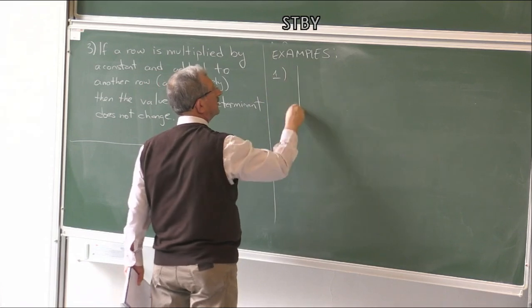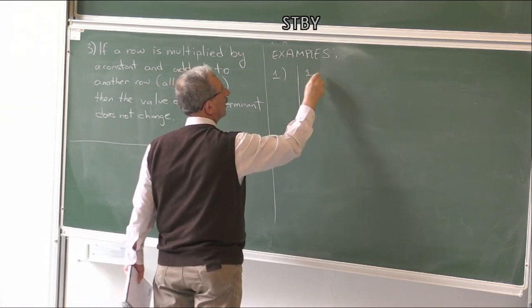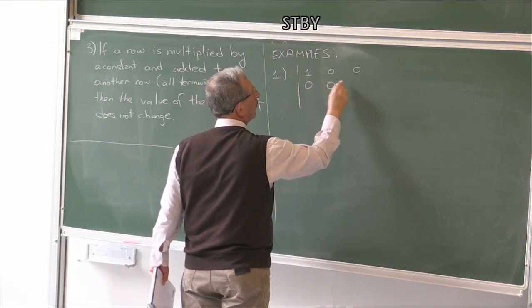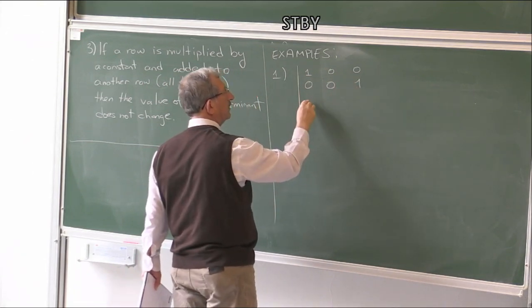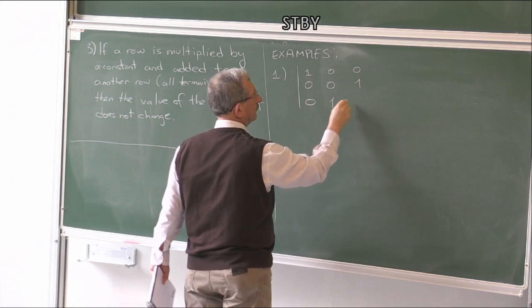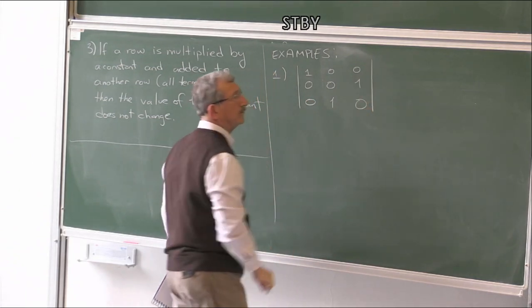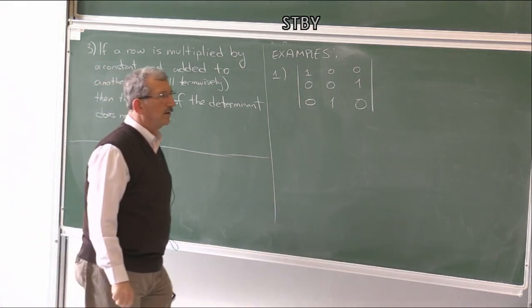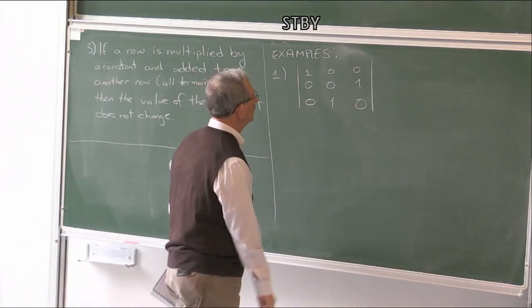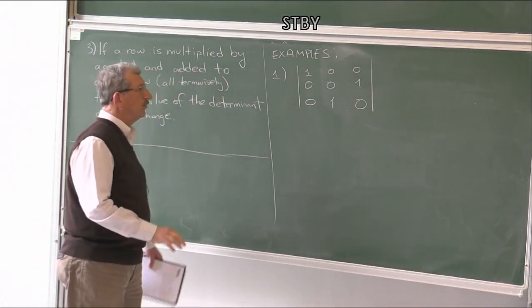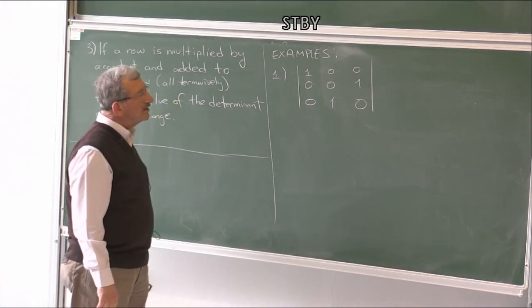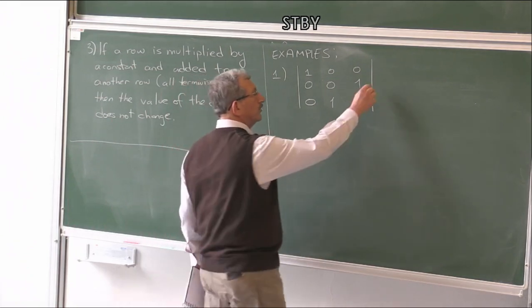So, consider the determinant of 1, 0, 0, 0, 0, 1, and 0, 1, 0. Now, this is clearly something which very much looks like the identity matrix, but it's not. So, change the places.